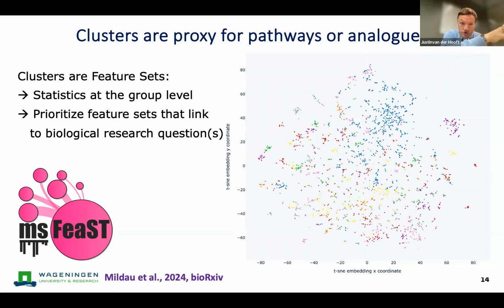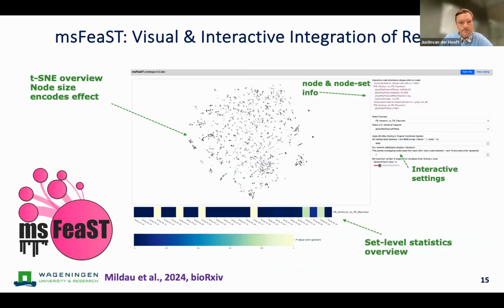But now not through the networking approach, but through a clustering approach directly on the similarity matrix of the features. And we can use these clusters as a proxy for pathways or analogs, if you wish. And we can also do global test statistics at the level of these feature sets. So we can see which clusters are more connected to your research question, more relevant for it.